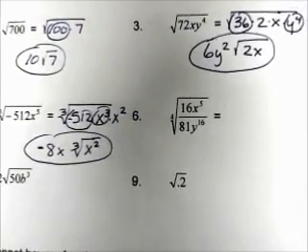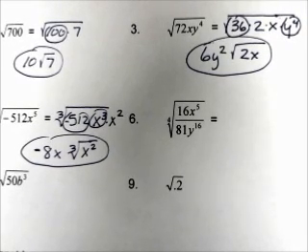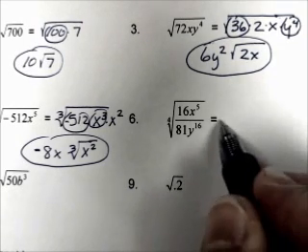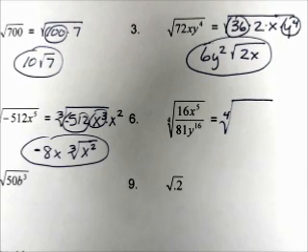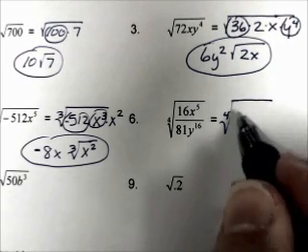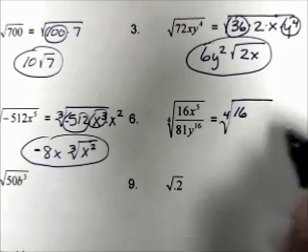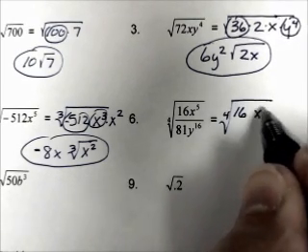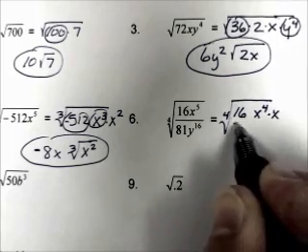Number 6, the 4th root of 16x to the 5th divided by 81y to the 16th. Well, 16 is a perfect factor. X to the 5th, what piece of it is a perfect fourth power? x to the 4th is, so we'll break x to the 5th down into x to the 4th times x.